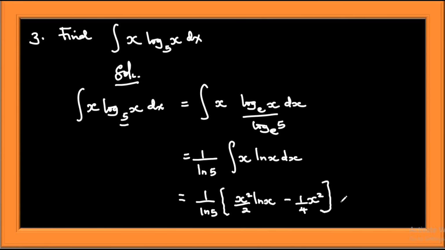So all this plus our arbitrary constant of integration. Remember, I have referred you clearly that this result was obtained from question 1 by integrating x ln x using the normal procedure. So you refer to number 1, and then you follow the same procedure to come up with this result.